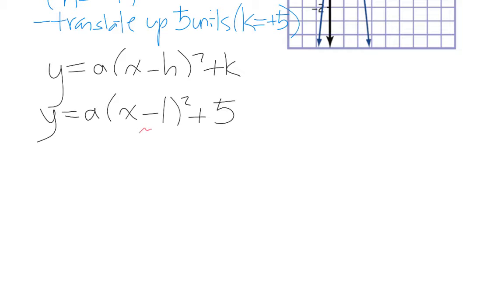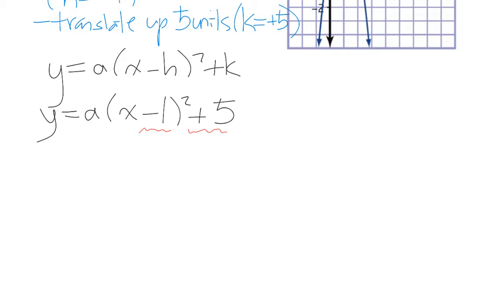Again, the negative 1 here means the parabola has been translated to the right by 1 unit, and the plus 5 means the parabola has been translated upwards by 5 units. At this point, we still have 3 variables, y, a, and x, but we can substitute a coordinate on this parabola and solve for a.